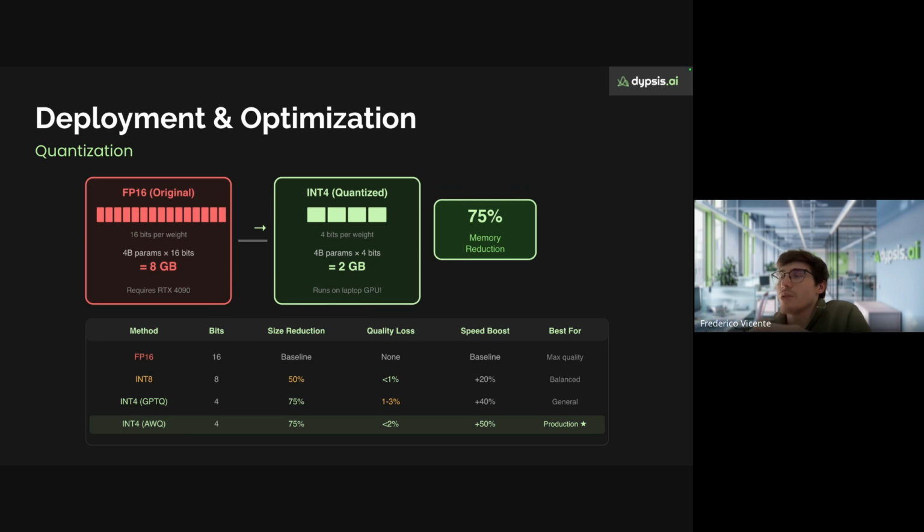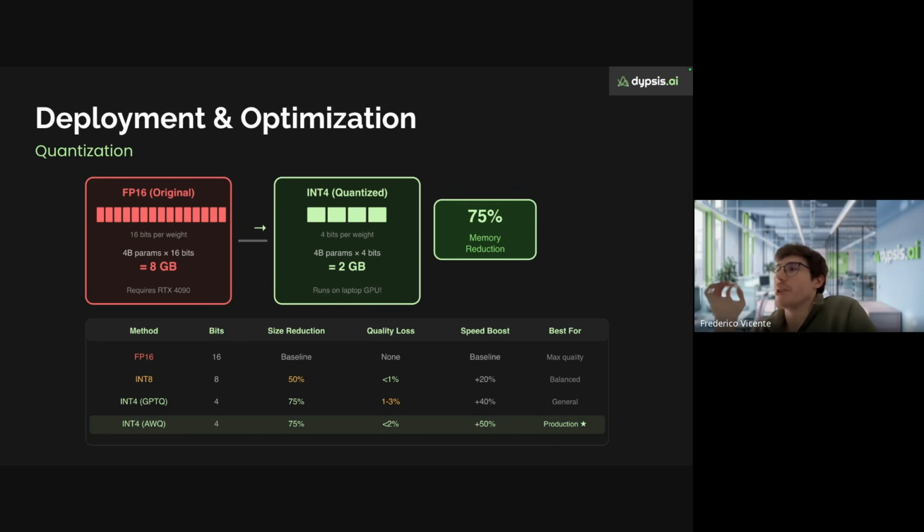Even the hardware of the GPUs evolved to have this in mind, of using lower precision, because at the beginning the kernels, the actual architecture, expected a lot more precision.